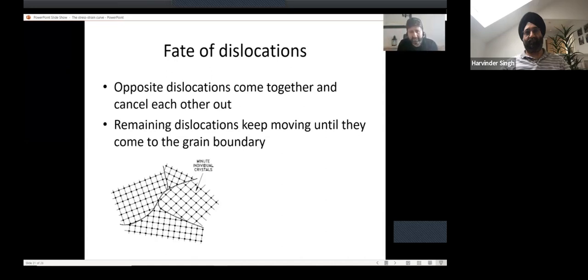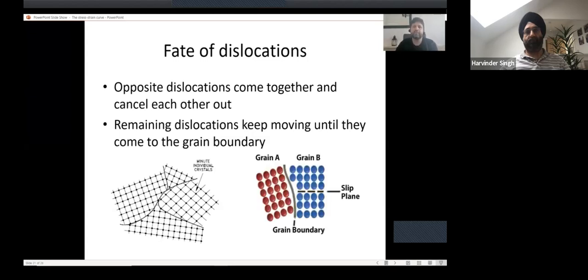Even if all the dislocations can keep moving through the lattice, eventually they come up against the grain boundary. And it's very important that we recognize that at the grain boundary, the lattice suddenly changes orientation. And because it changes orientation, the dislocation can't move. It's trapped. It can't cross the grain boundary.